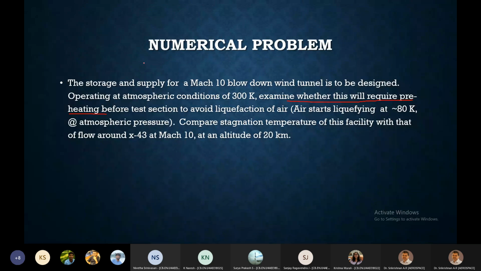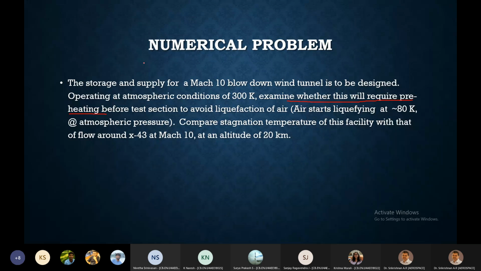Suppose that during the experiment, the air temperature is going to come down to the point of liquefaction of air, then it will be condensed. So it is stated here: examine whether this will require preheating before the test section.